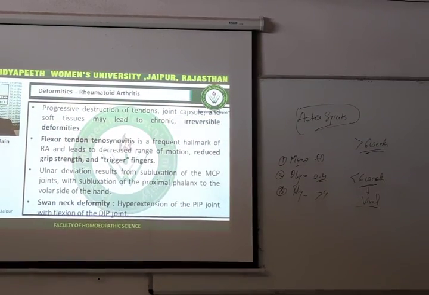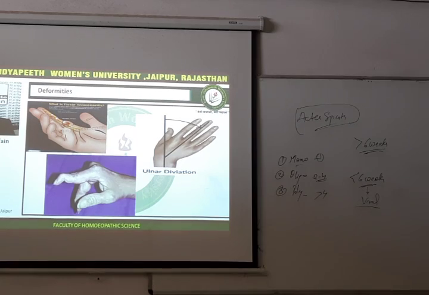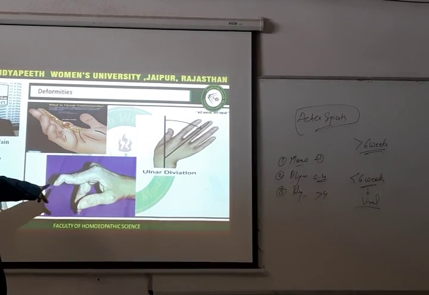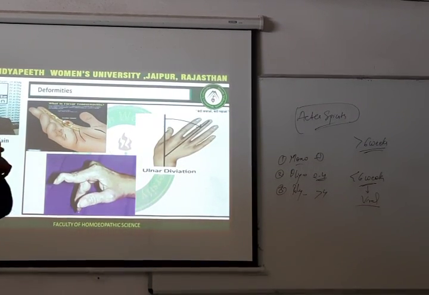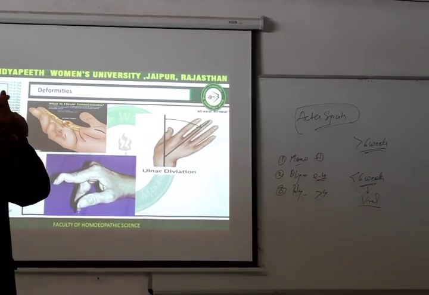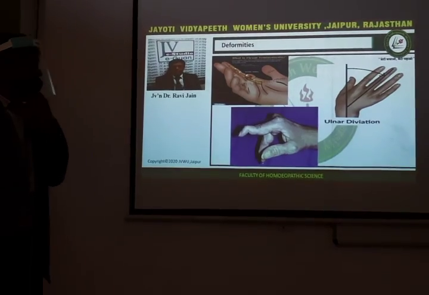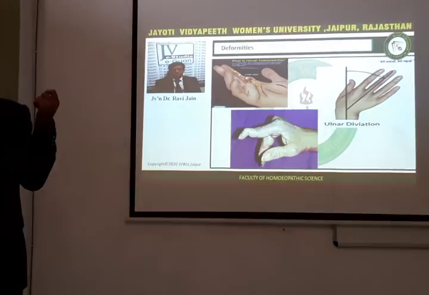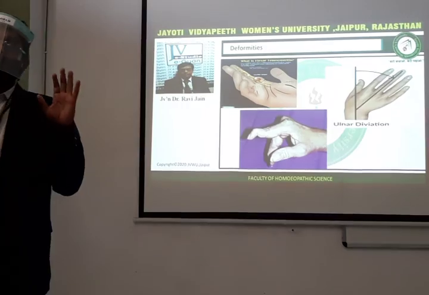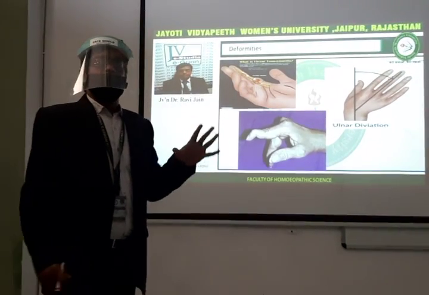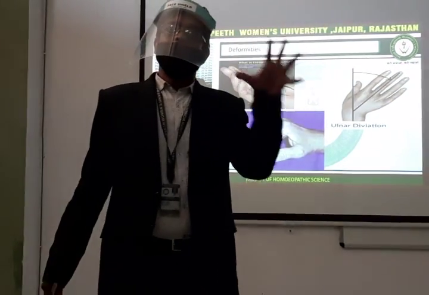How, like this? So this is the swan neck. Hyperextension at the proximal joint and flexion at the distal interphalangeal joint. It is easy and interesting to do it like that, but imagine a patient who has the fingers like this only.